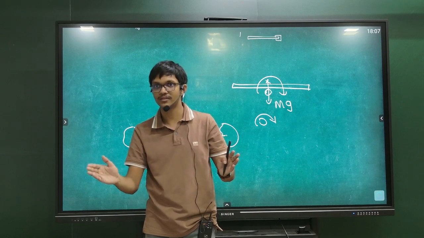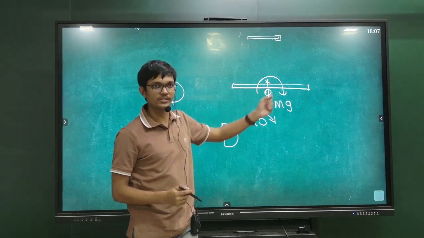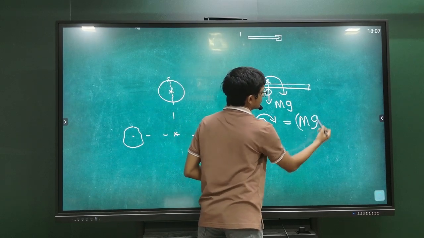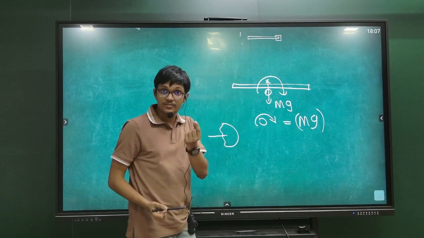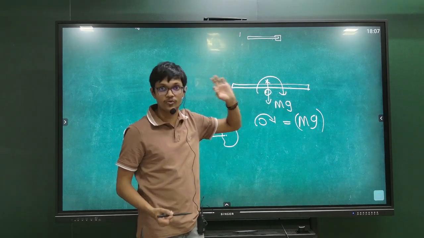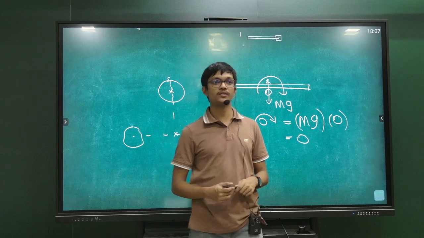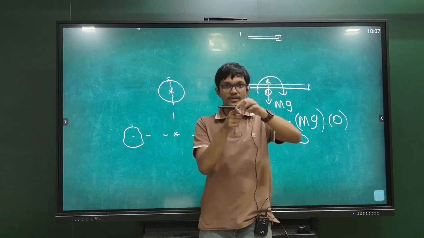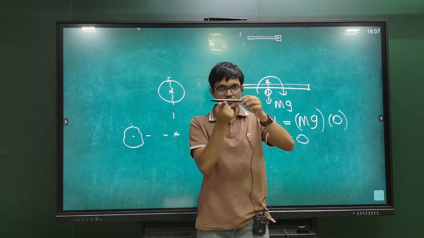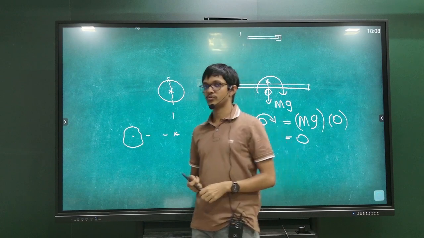That's what the principle of moment mentions, right? So if you get the moment around the center of gravity, the total weight is mg, the distance is 0, right? The distance from center of gravity to center of gravity is 0. So the resultant moment is 0. So there is no resultant moment around the center of gravity. I mean, it's obvious, right? That's why it doesn't rotate when you place your finger at the center of gravity, right? Clear?